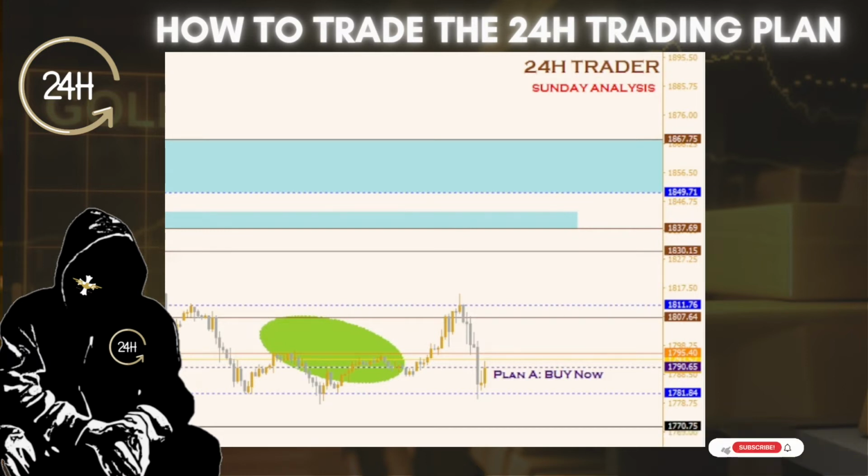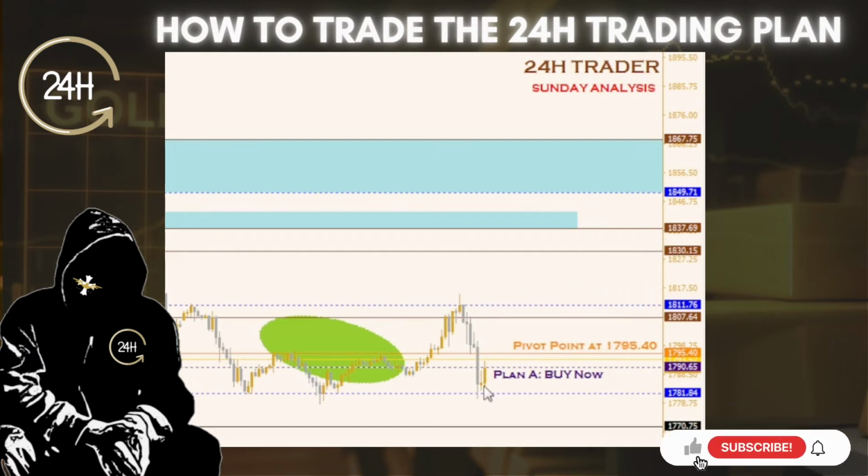There are two possibilities that the market will bounce from these areas, but I will certainly bet for long trades.